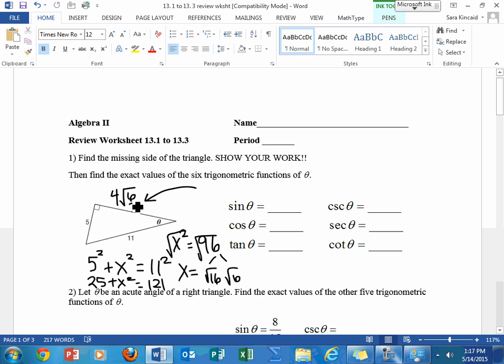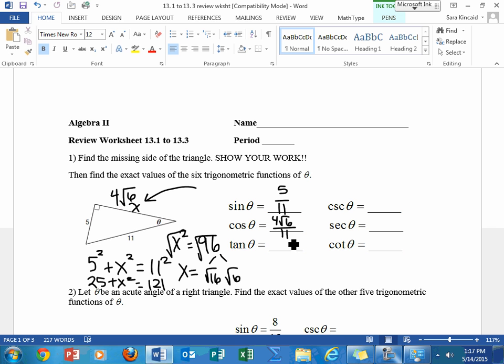Now, once I know that missing side, I can set up all of my ratios. The sine would be opposite over hypotenuse, 5 over 11. The cosine is adjacent over hypotenuse, so that would be 4 square roots of 6 over 11. And the tangent is opposite over adjacent.